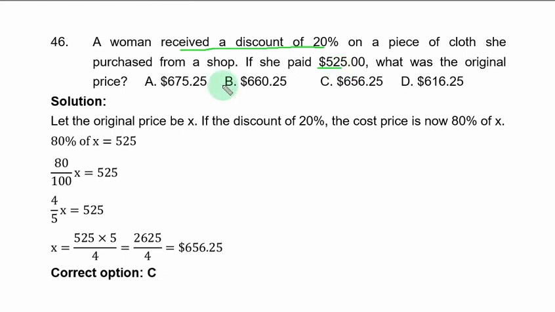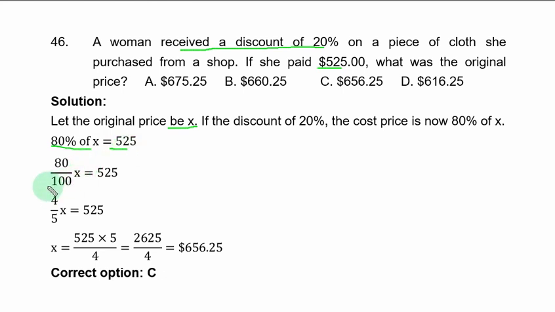So let the price be S. So if the discount of 20% is removed, it means the cost, the original cost, is 80% of S, the original price. So you have 80% of S equal to the amount that she paid.